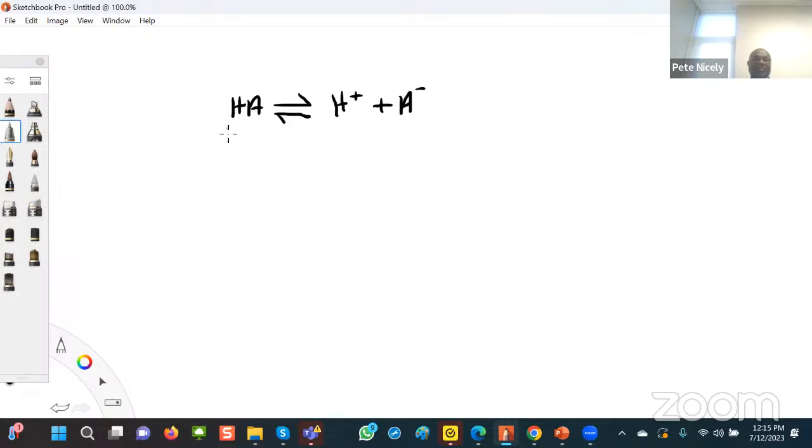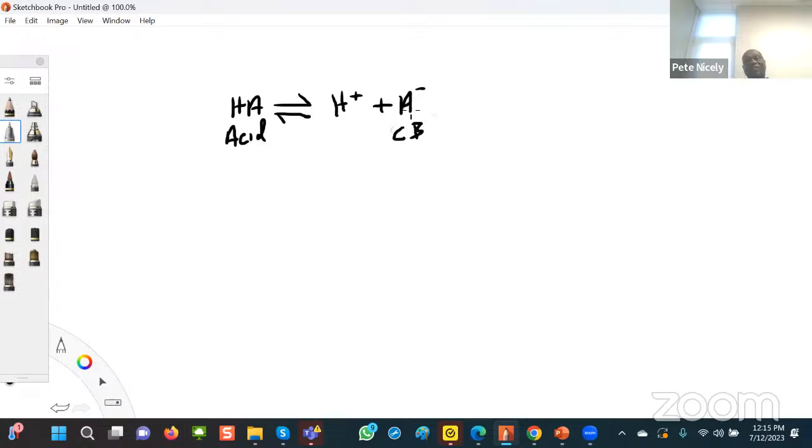So remember now, this is your acid. And this is your conjugate base. I'm just going to put CB here, right? Now, the thing about the conjugate acid, I'm sorry, this is a conjugate base, not acid. Let me erase this here. Because the conjugate base is what is formed when an acid loses a hydrogen ion, all right?